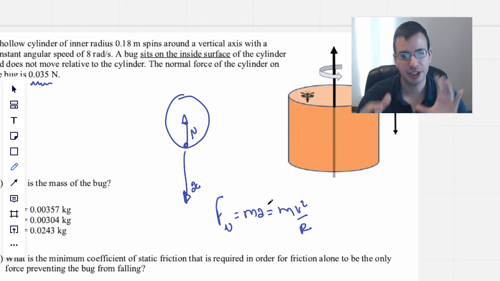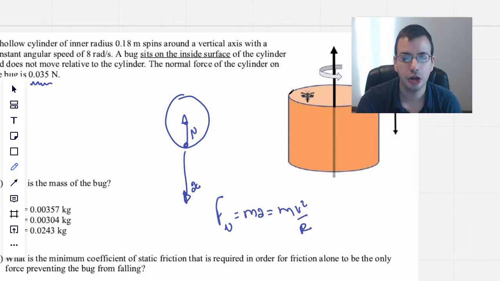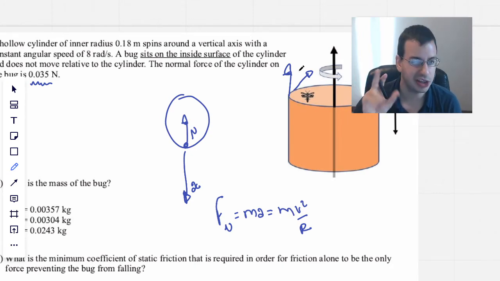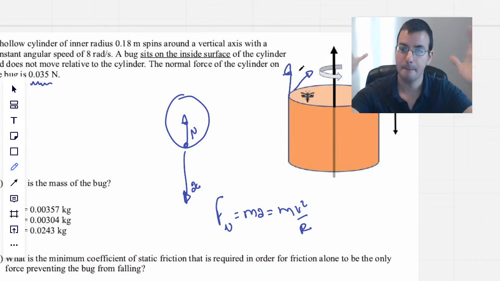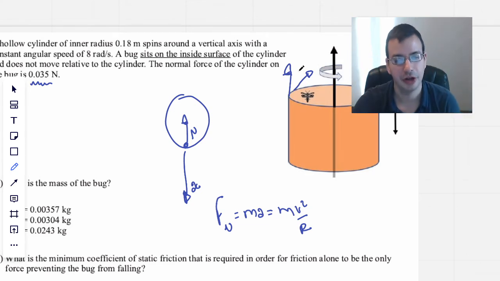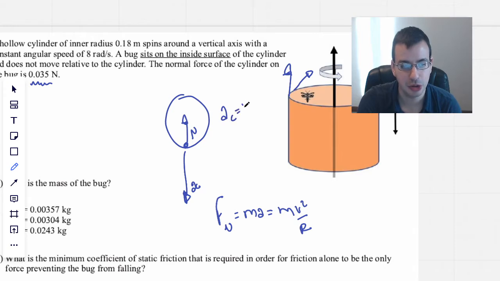Whenever you spin, you're maintaining the same speed, but your velocity is changing because velocity is both magnitude and direction. When just the direction is changing without the speed changing, there's still acceleration because your velocity is changing. The way you quantify that is through centripetal acceleration, which is v squared over r, and that's what this bug is experiencing.